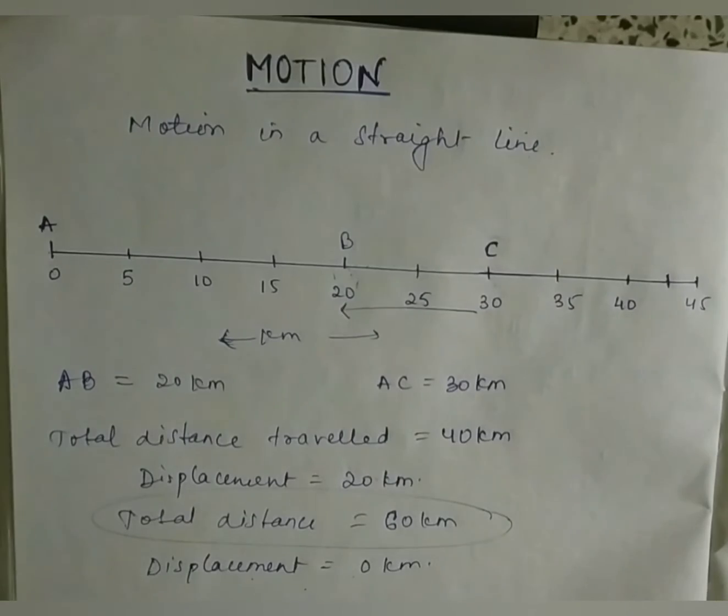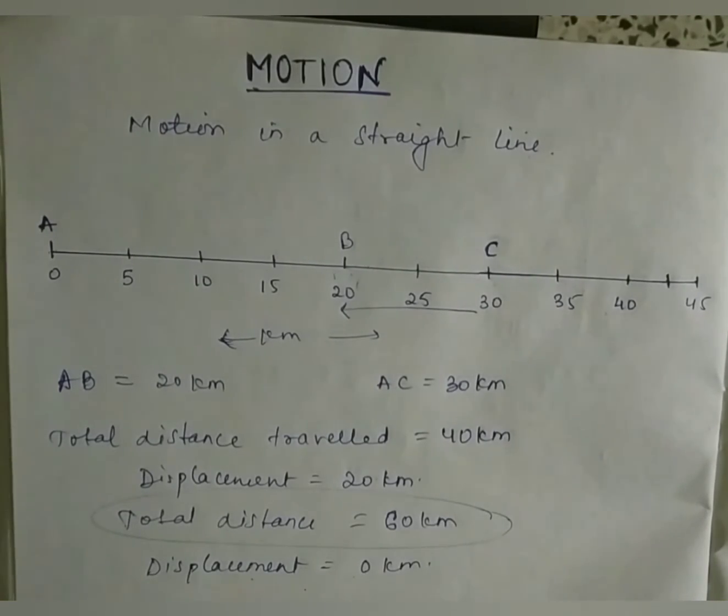For example, if you start from your house every day to reach your school. Suppose your school is 10 kilometers apart from your home. Then every day you are traveling 10 kilometers to your school and then traveling 10 kilometers back to your home. So every day you are traveling a total distance of 20 kilometers between your school and your home.